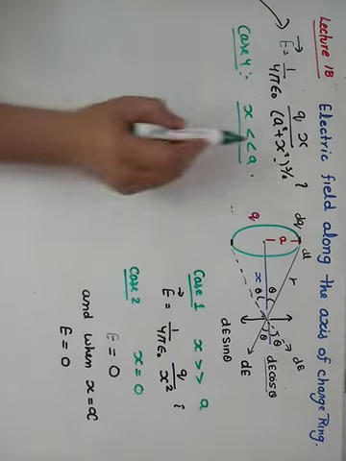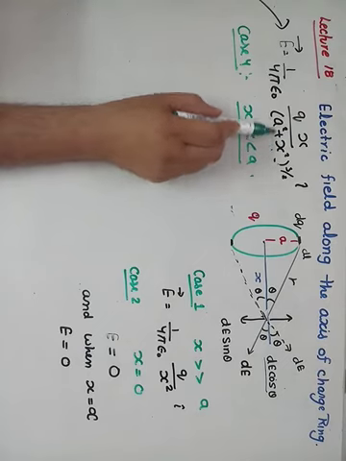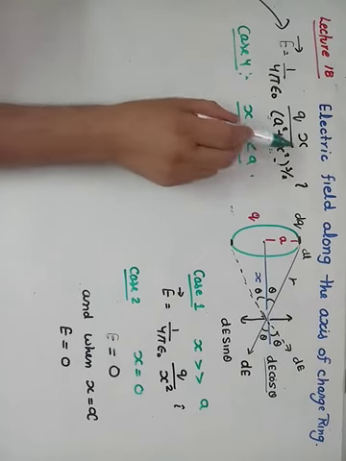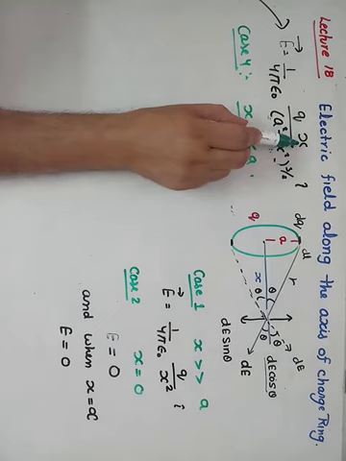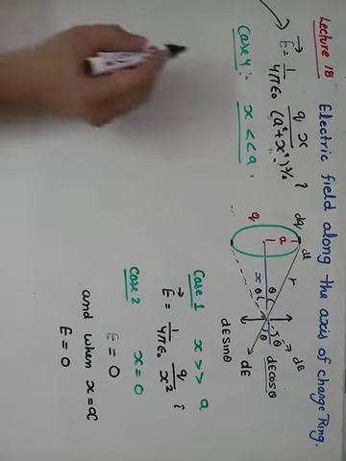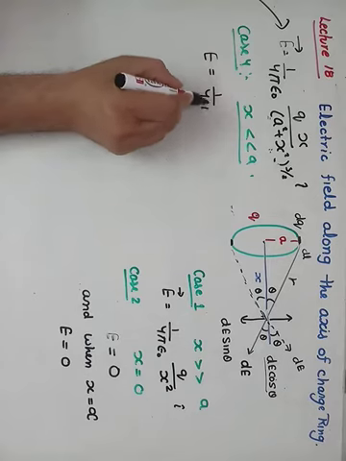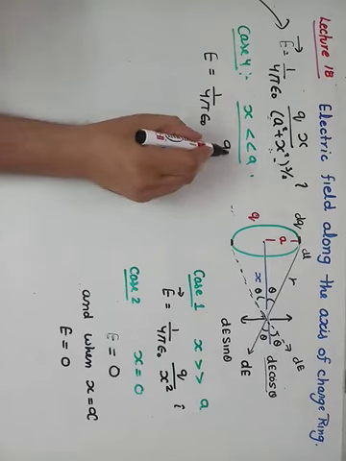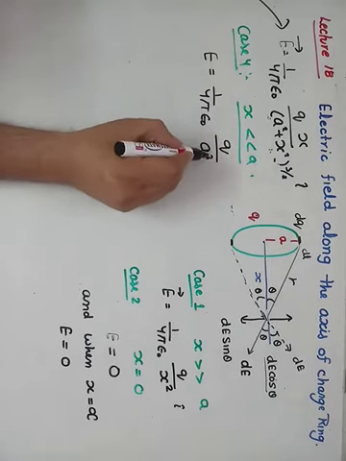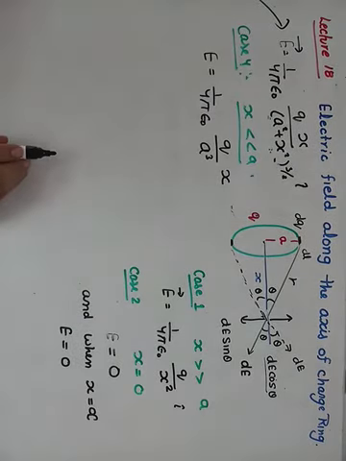Now if x is very less than a, in this formula we can neglect x in the denominator. But since it is in product in the numerator, we cannot ignore the x of the numerator. Hence we get electric field E is equal to 1 upon 4 pi epsilon naught, q x upon a cube. This is the case.